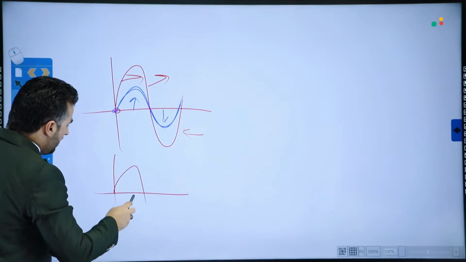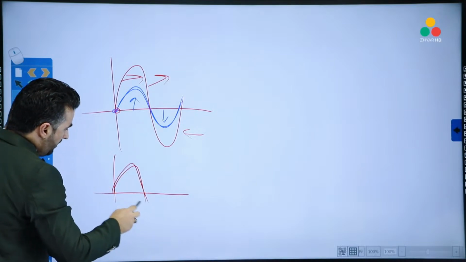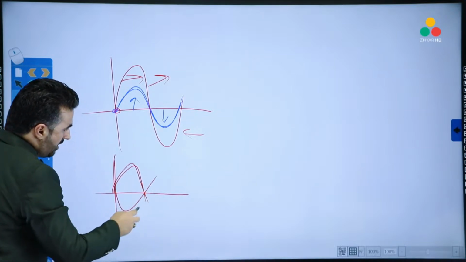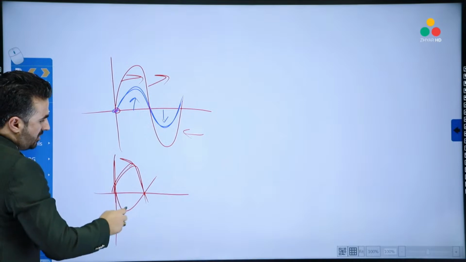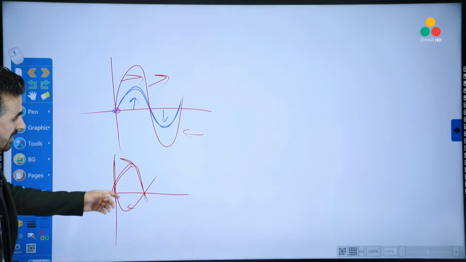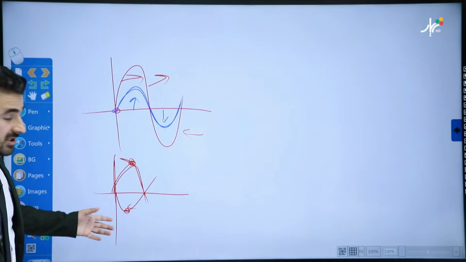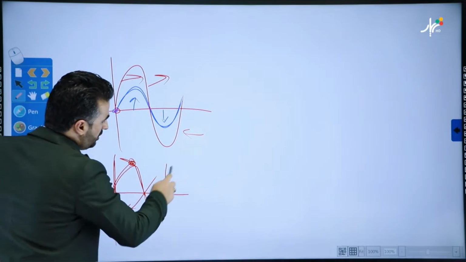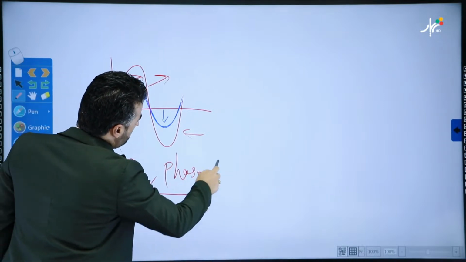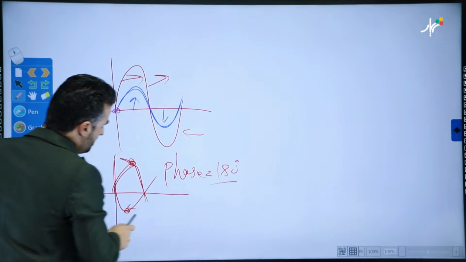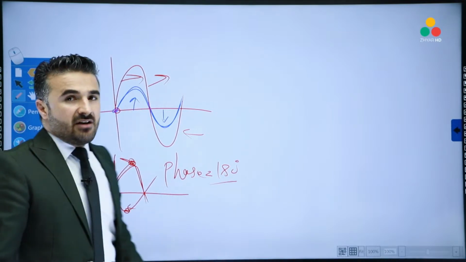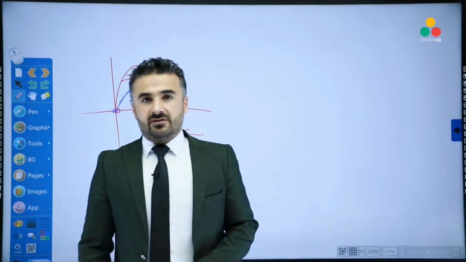But if the two waves are in opposite directions, let's say this is one of them, and this is the other one, one of them goes this way, the other one goes the other way. You can see here, if crest were above trough, then the phase difference between the two is going to be 180 degrees, and in 180 degrees we will always have total destructive interference.